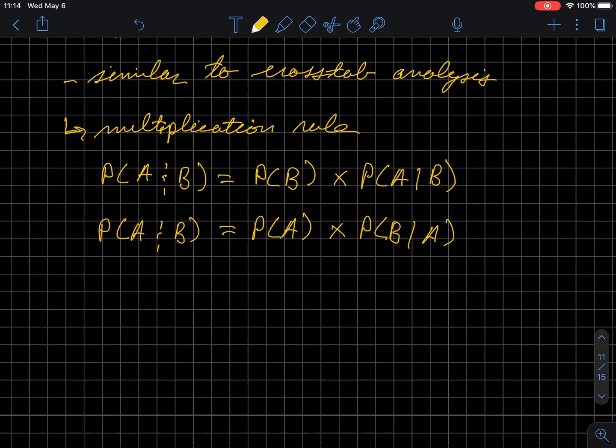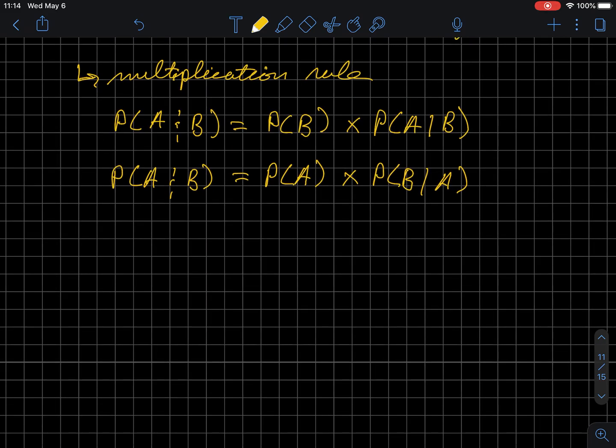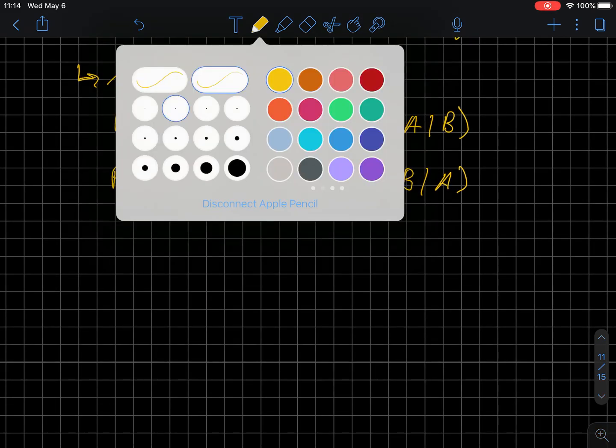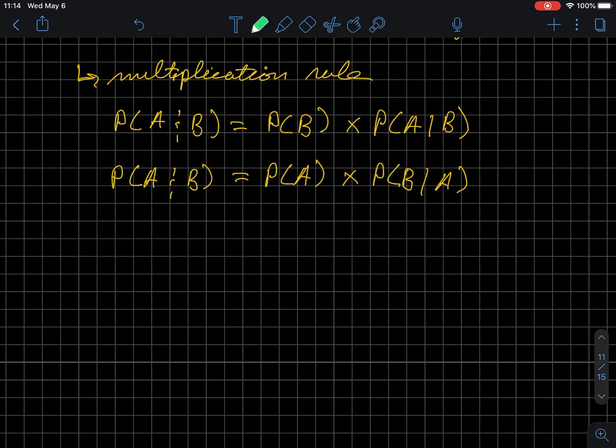And there's another issue too, is that these are for when they're dependent. If we're trying to find out what happens if these are independent events, we know that these are independent if the probability of A given B is equal to the probability of A. So the probability of event B happening has nothing to do with observing an outcome.